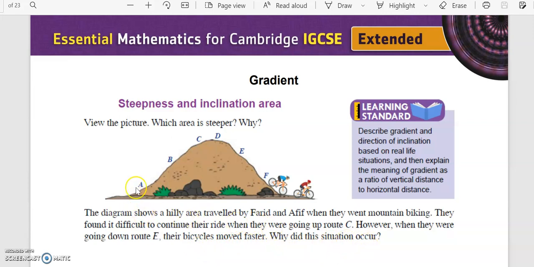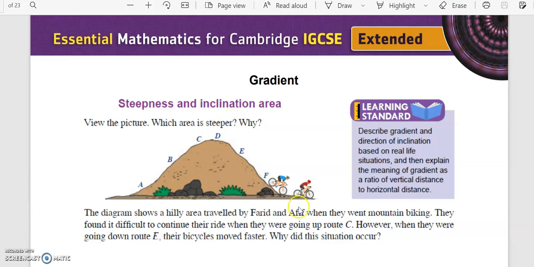Bila you makin naik, makin tinggi sampai dekat C, you akan rasa penat nak naik dia kan. Awal-awal tu makin okey lagi. Ini kerana bila you capai dekat C tu, kalau you pernah hiking, tahap inclination dia tu makin steep. Okay, makin lama makin steep. Banyak dia makin cerun lah you nak naik tu.